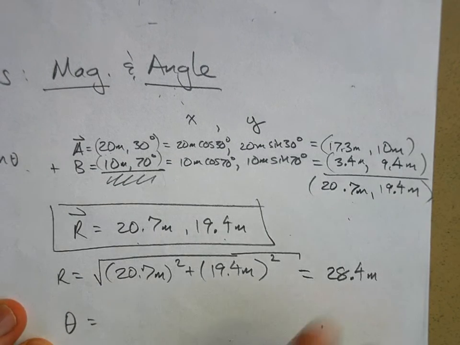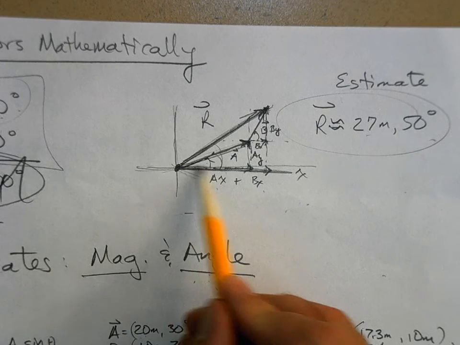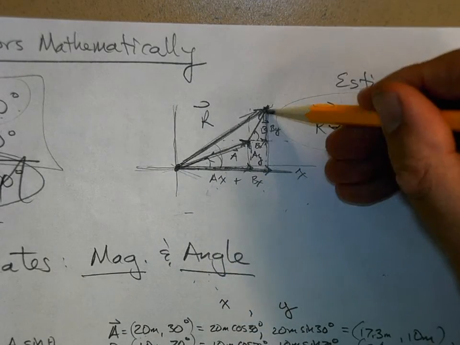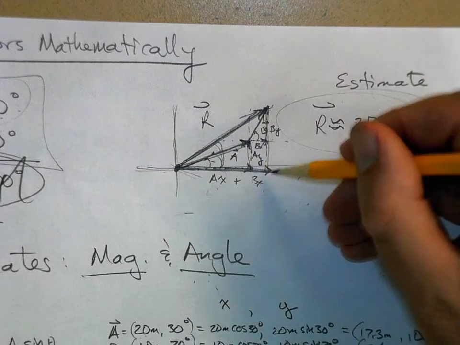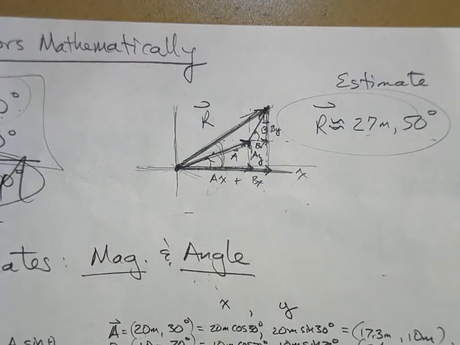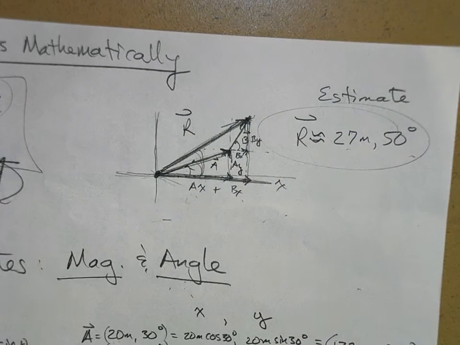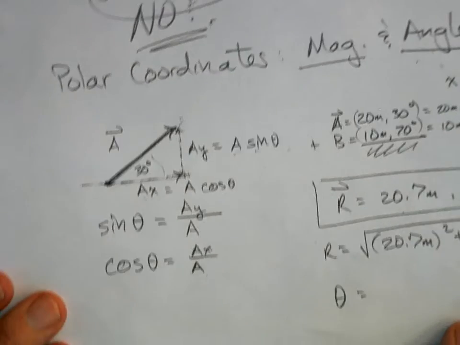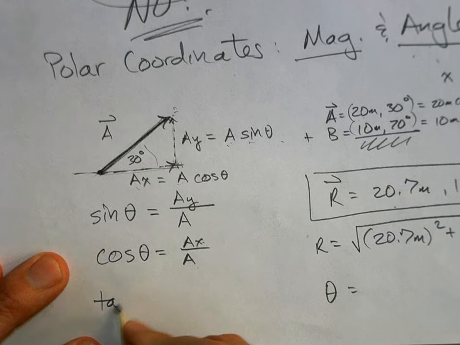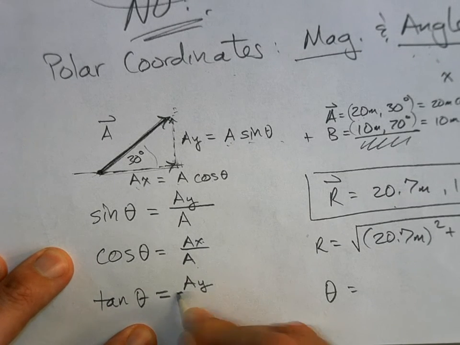Well, look what I know. Let's go back to my picture. I know R in the x, and I know R in the y, and I want the angle. What involves the opposite leg and the adjacent leg? Tangent, right? Tangent theta, by definition, is the opposite over the adjacent.